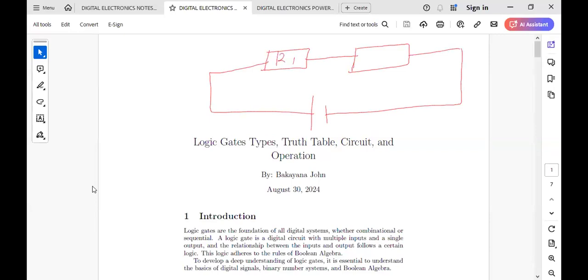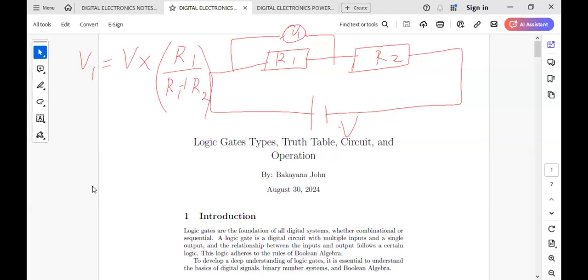If this is R1 and this is R2, and this is the supply voltage or the input voltage, if I want the voltage across R1, let me call it V1, sometimes they call it the output voltage, then it is the total voltage times R1 out of R1 plus R2.